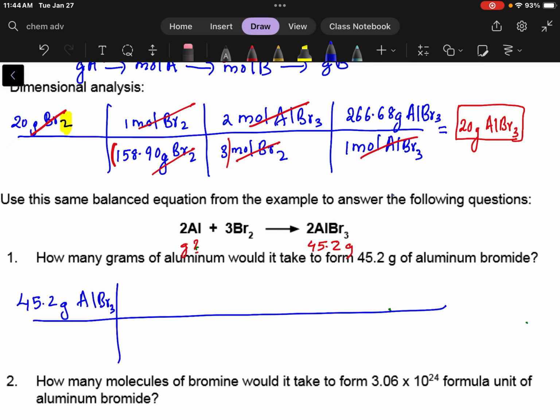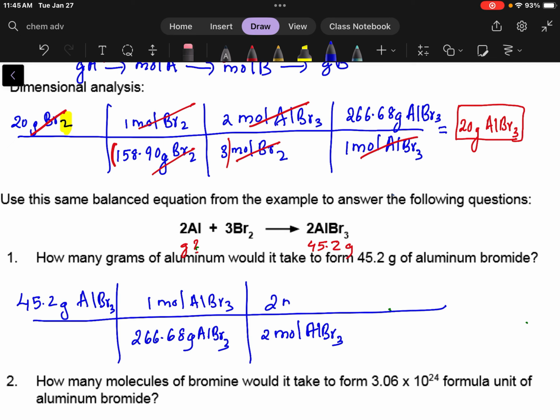We need the molar mass. You can use it from the previous question, which is 266.68 gram of aluminum bromide in 1 mole of aluminum bromide, so we converted into moles. Then we know that there are 2 moles of aluminum bromide, and we are looking for aluminum, which is 2 moles of aluminum in the equation.